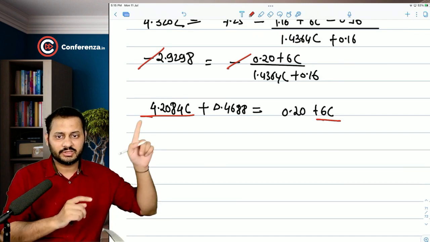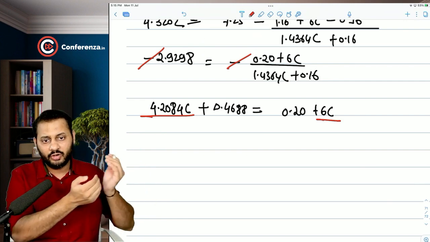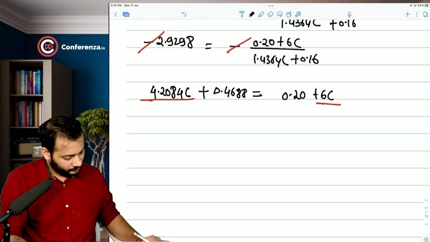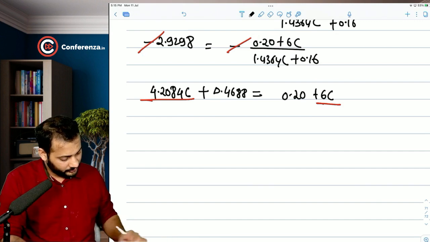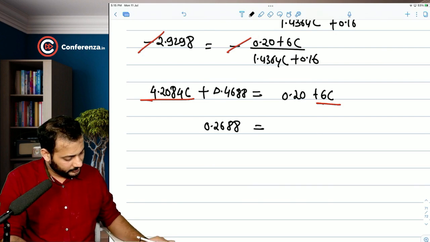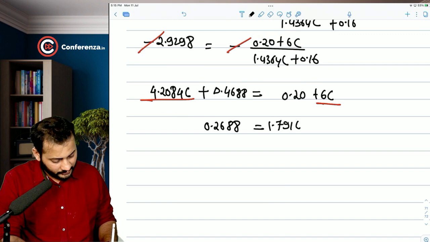So I will transfer the 4.2084C to the right-hand side and the 0.20 to the left-hand side. The answer will be 0.4688 minus 0.20, which is 0.2688, equal to 6 minus 4.2084, that is 1.7916C.